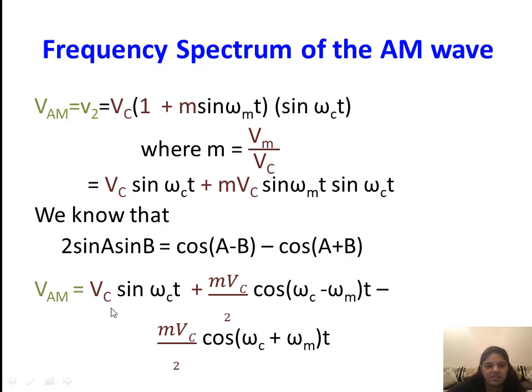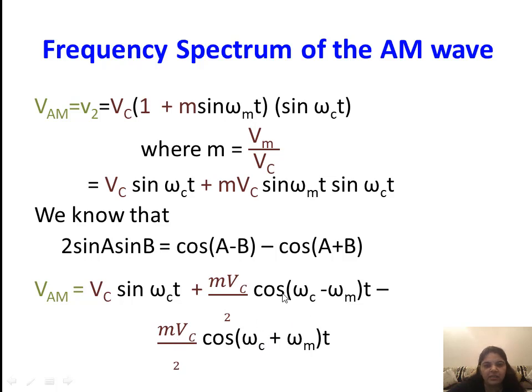From this, the first term is the sine wave, the carrier signal. You know that the equation of the carrier signal is small vc equal to capital Vc sine omega ct. Then mVc by 2 represents the amplitude of the signal, and cos omega c minus omega m into t is the wave.